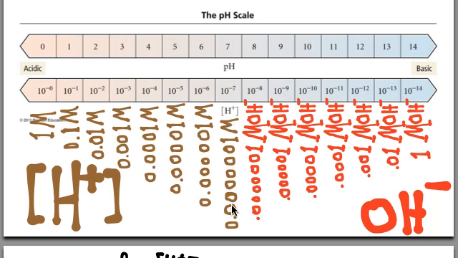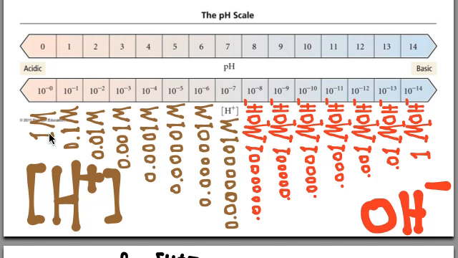So this is 0.0000001 molar acid, but it's also 0.0000001 molar base. By the time we're over to here, we have 1 molar base, 0.01 molar base, 0.001 molar base, 0.0001 molar base. You get the idea. As this one gets larger, then this one will get smaller.